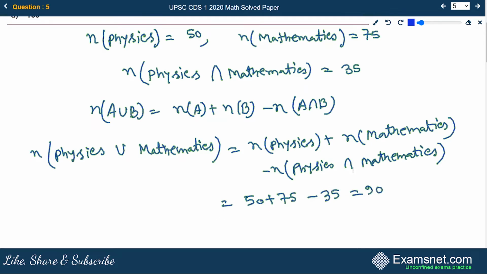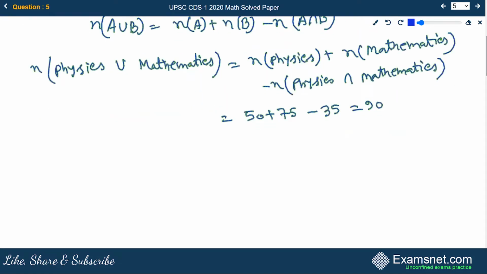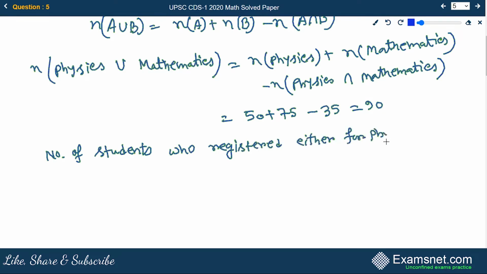So the number of students who registered either for physics or mathematics or both is 90.